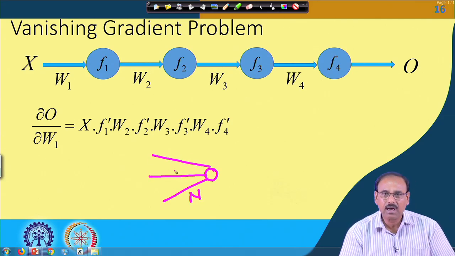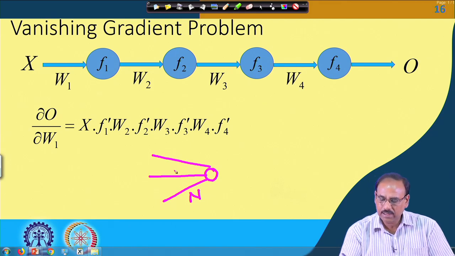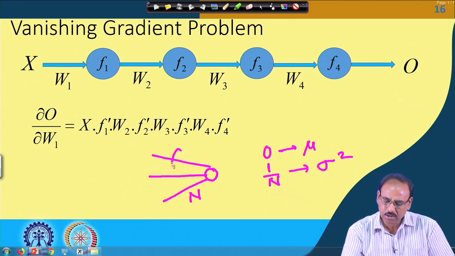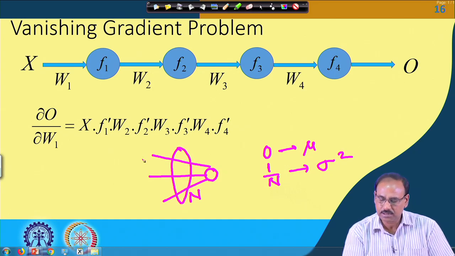Then these weights are to be decided at random, where the mean of the weights will be 0 and the variance of the weights has to be 1 by n. So, this is the mean mu and this is the variance sigma square of the weight components that you want to assign at this layer.